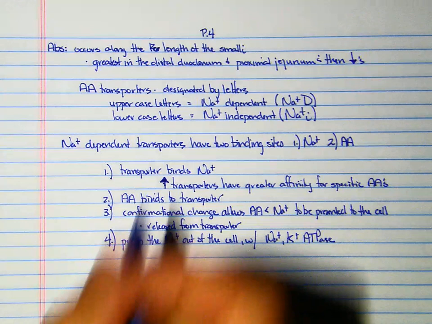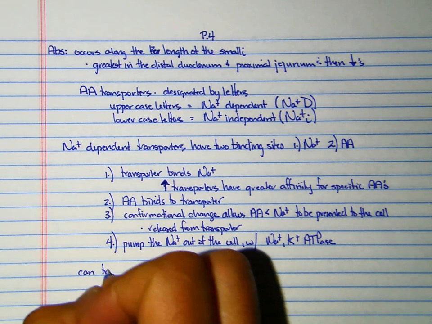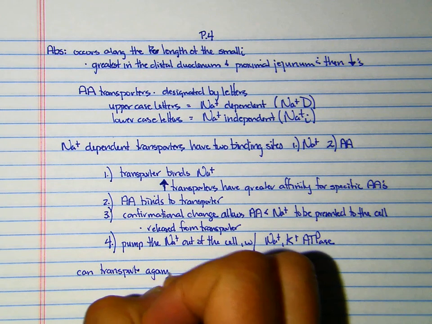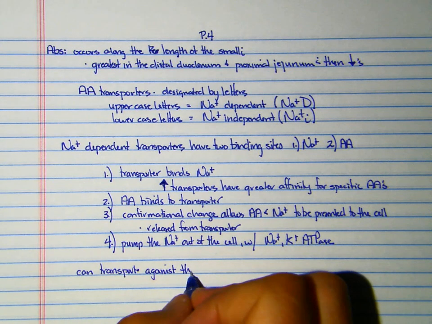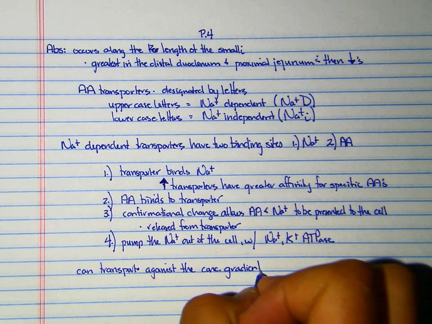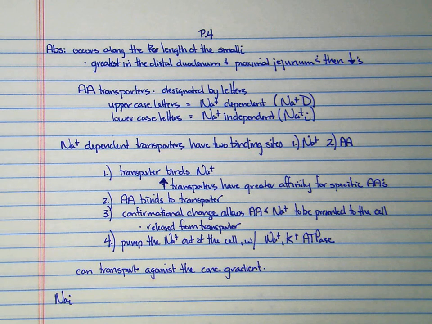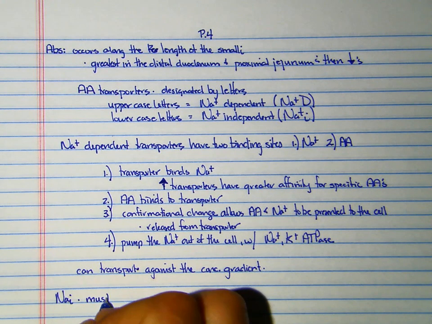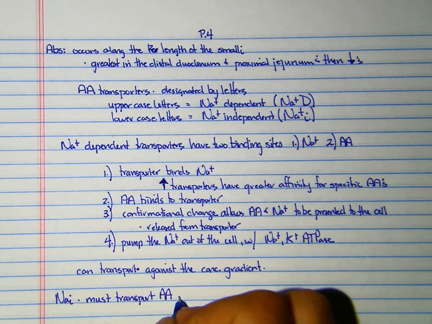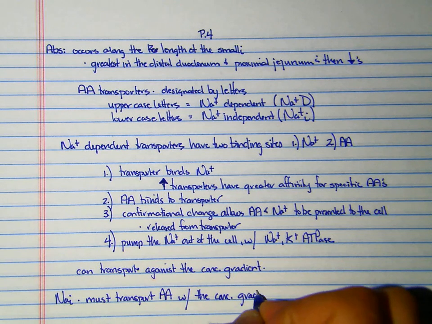Sodium dependent transporters can transport against the concentration gradient. In contrast, sodium independent transporters must transport amino acids with the concentration gradient.